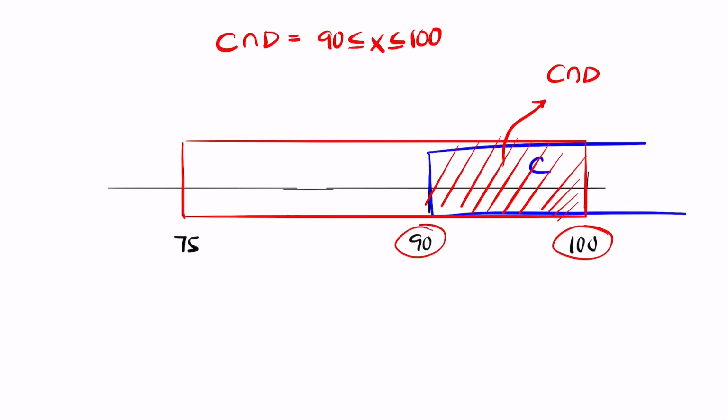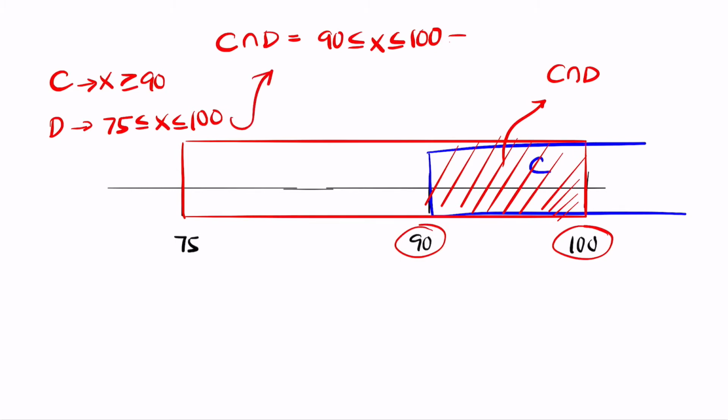So the values given are C is X greater than or equal to 90, D is 75 less than or equal to X less than or equal to 100. But there is a C intersection D value and that value is not 0, right? Which means that C and D are not mutually exclusive.